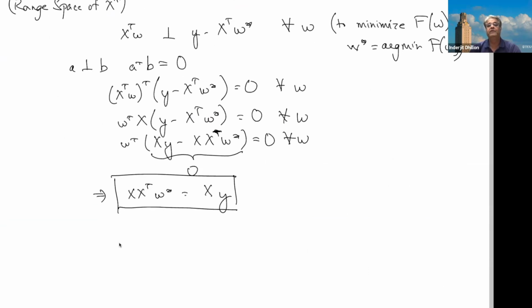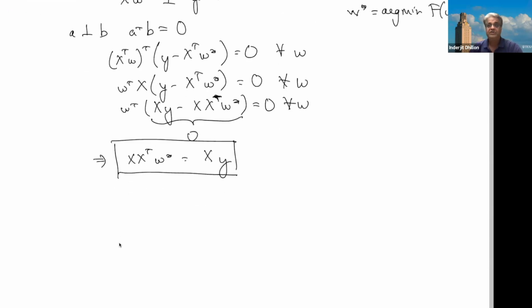It is the coefficients or the vector such that the residual Y minus X transpose W star is orthogonal to that entire space. So that's a different way of deriving it.